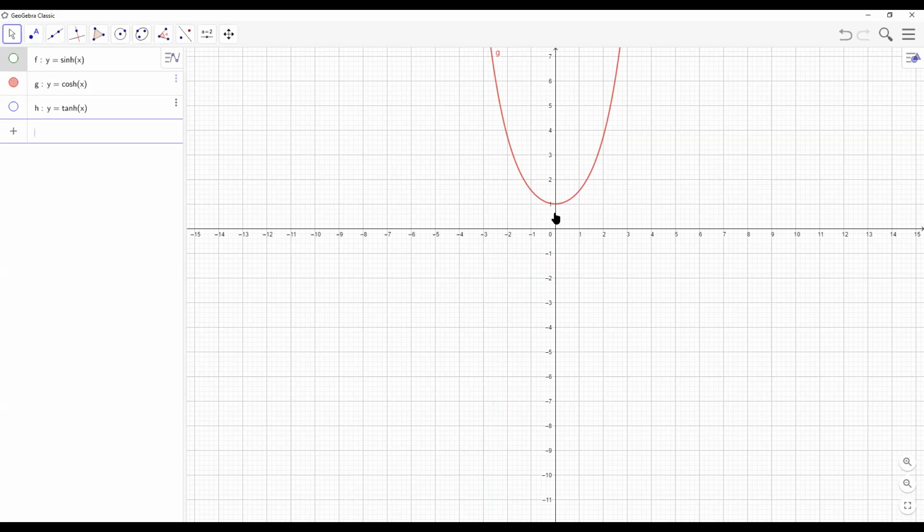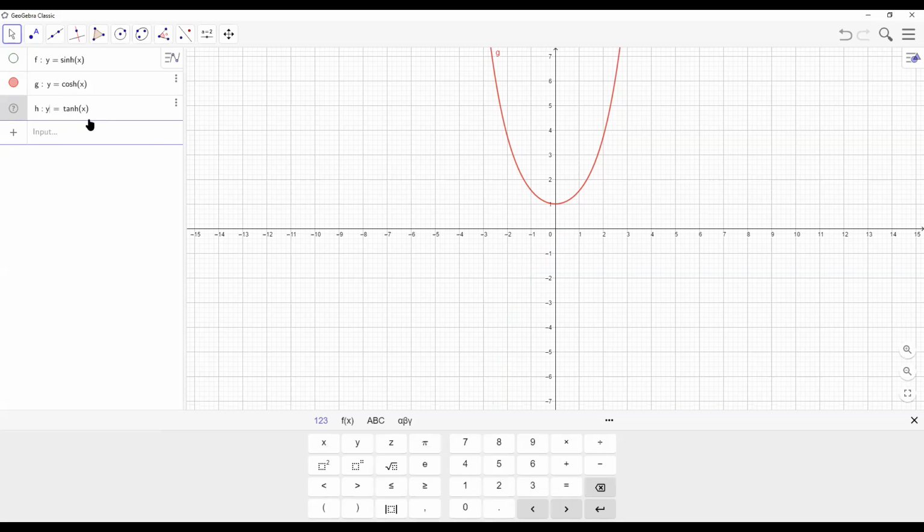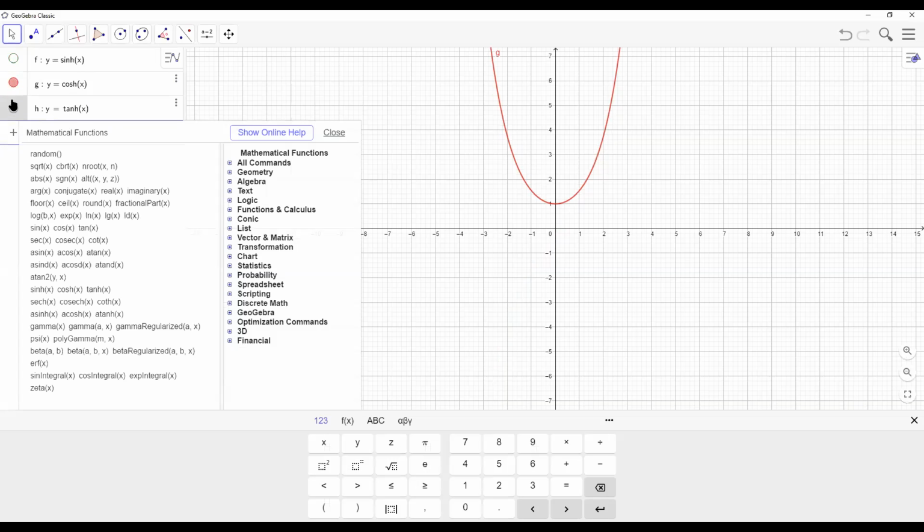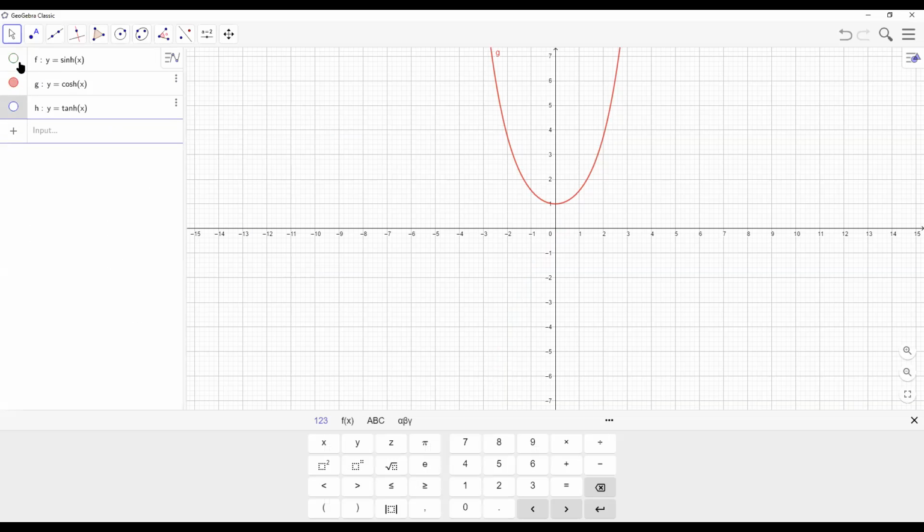Hyperbolic cosine goes through 1, dominated by e to the x, and on the other side it's the reflection of e to the x. Finally, the tangent. There we go. It goes through the origin, has an asymptote y equals 1, and an asymptote y equals minus 1.